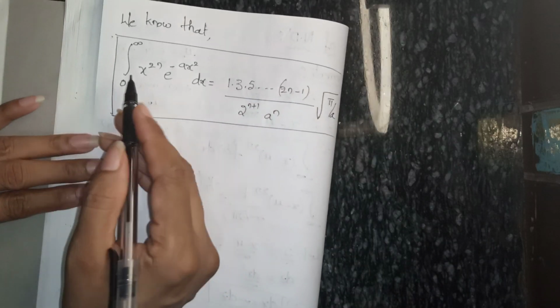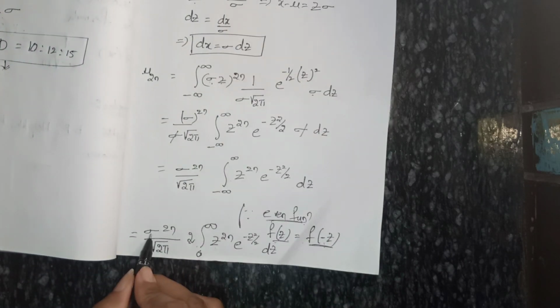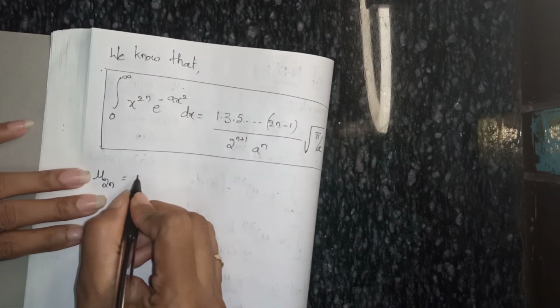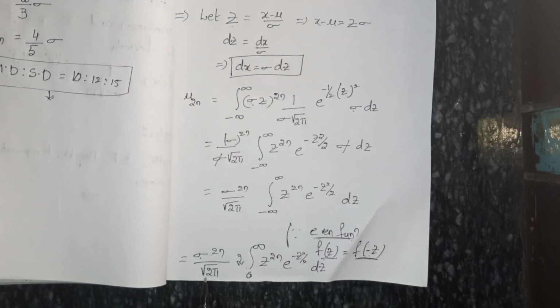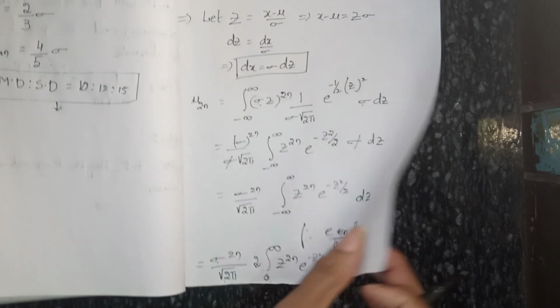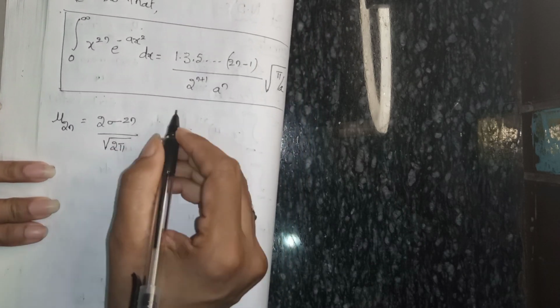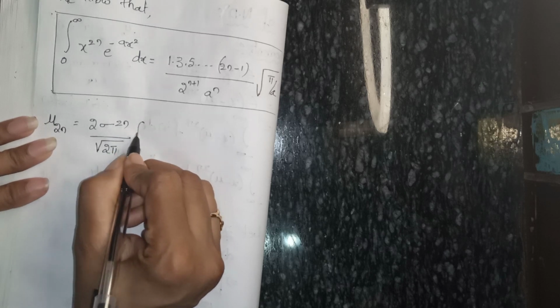So here mu 2n equals 2 sigma^(2n) by root 2 pi, into x^(2n) e^(-x^2/2) dx.